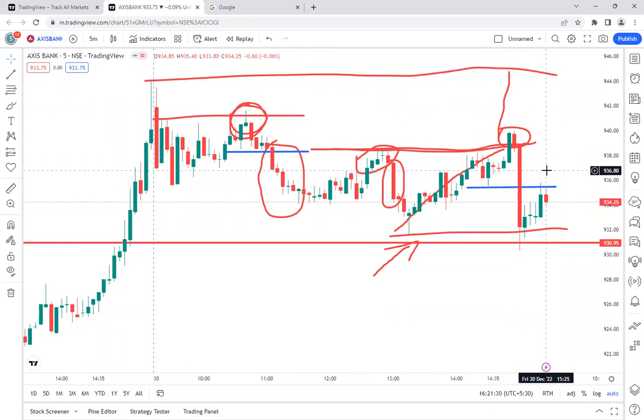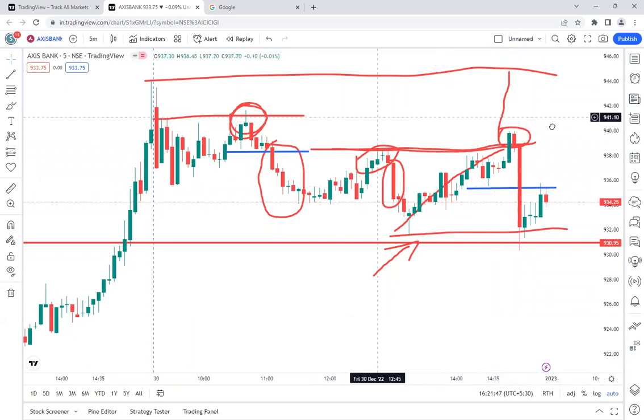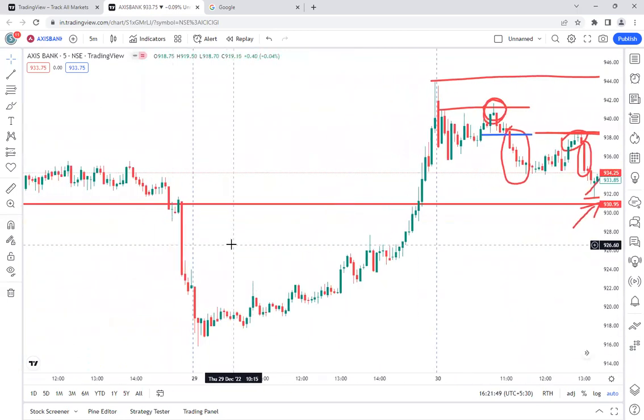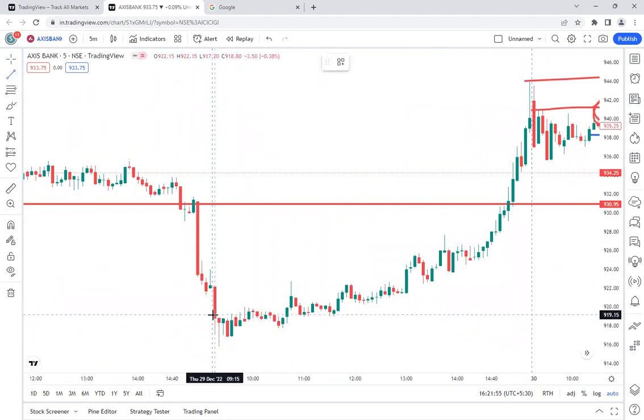So to avoid that kind of huge loss, make sure you keep the stop losses, and also make sure that the stop loss is as close as possible to your entry point. For the buyers, keep the stop loss just below the last higher low. And assume if you want to take a sell position, I will go to the selling side. Assume you have taken a selling position here, you should keep your stop loss just above the last lower high.